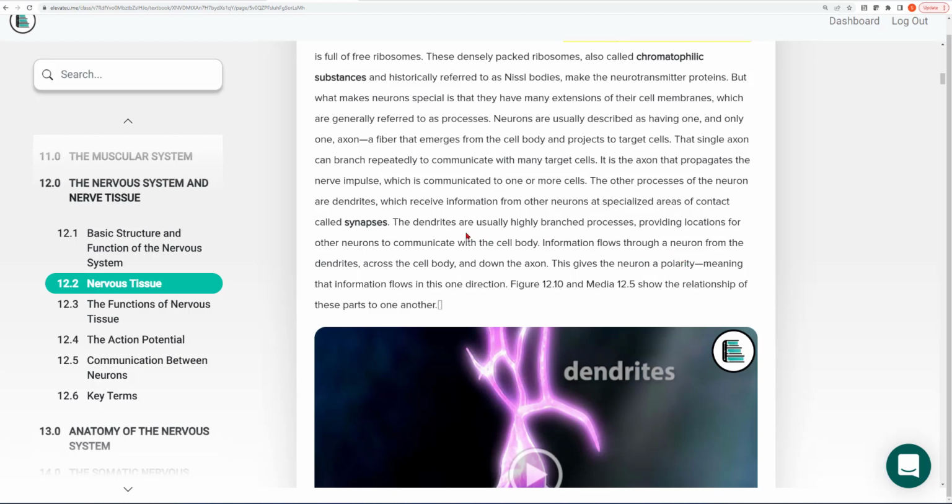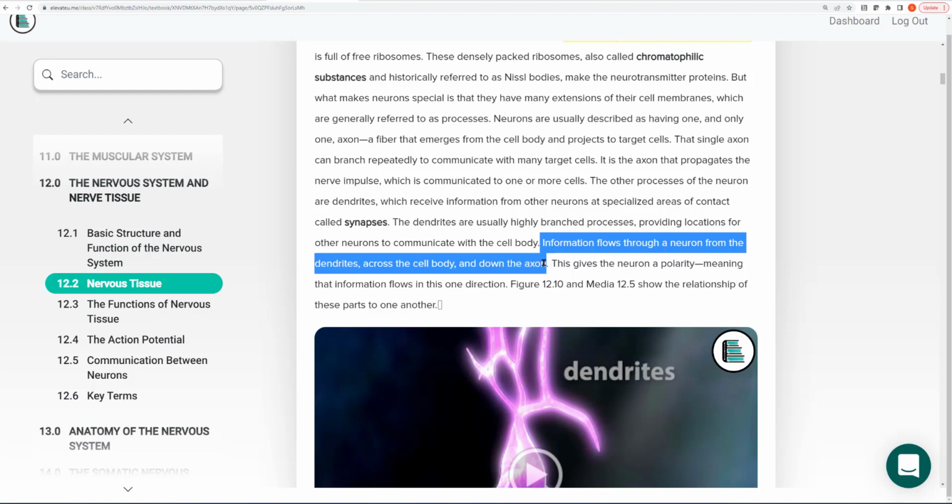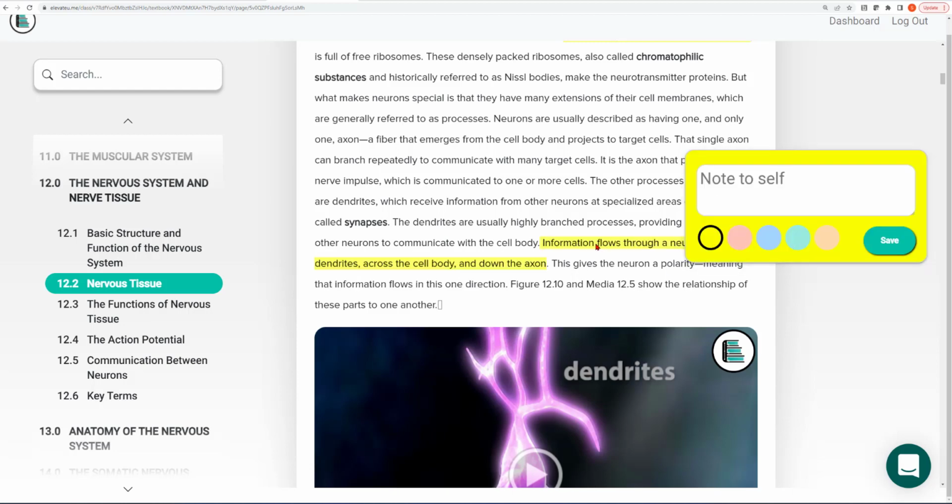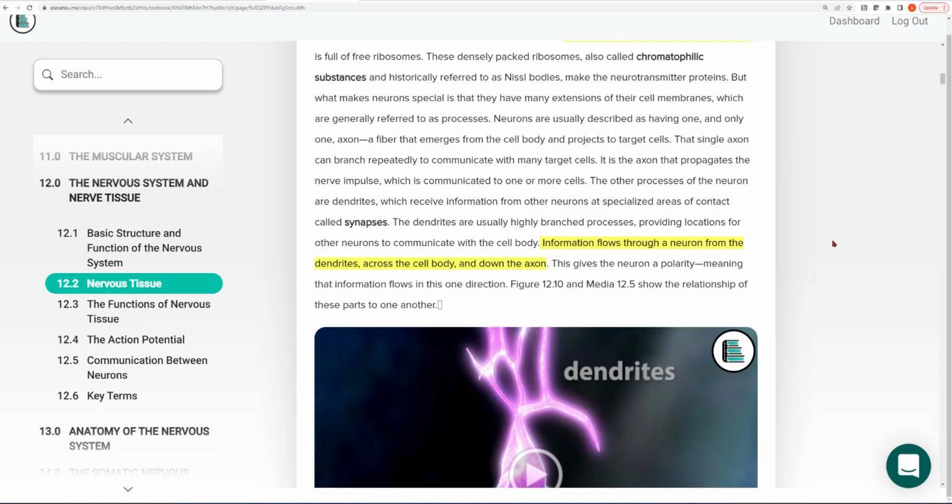Information will come into the soma through the dendrites. So information flows through the neuron from the dendrites across or through the cell body and then away or down the axon. So that directionality of the information is referred to as polarity of the neuron.